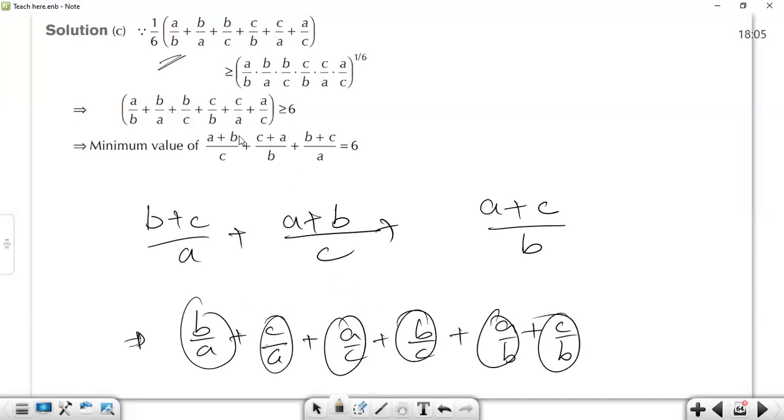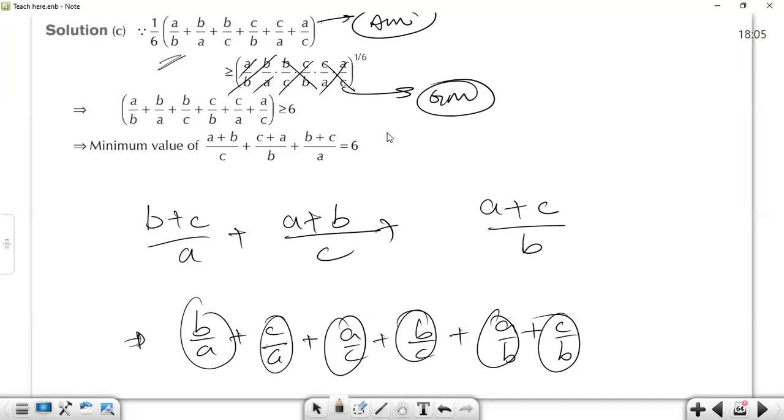Now you are able to understand that this is the arithmetic mean and this one is the geometric mean. The geometric mean in this case is becoming 1. So 6 goes to the right hand side. The inequality sign is unchanged because 6 is a positive number.